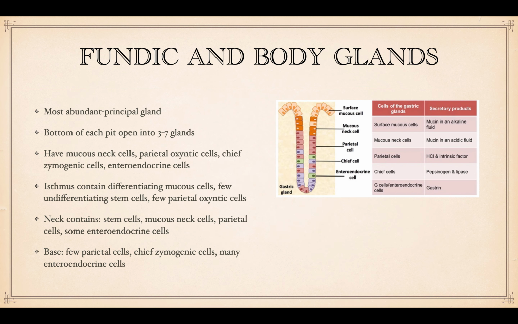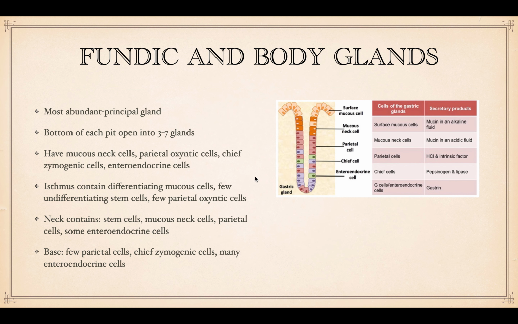So the most abundant gland is going to be the principal gland, and that's found at the bottom of the pits. They have the mucous neck cells, the parietal oxyntic cells, the chief zymogenic cells, and the enteroendocrine cells. So they secrete a whole host of things. So the chief cells with acid, and endocrine cells are going to be hormones, such as gastrin, and then the isthmus will have different differentiating mucus cells.